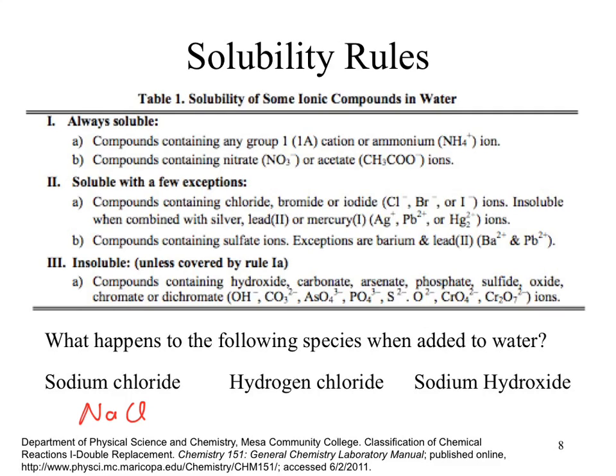Let's go ahead and look at the long way first. If we start with sodium chloride, what phase does sodium chloride start as? A solid. So we could say it's sodium chloride solid. We add water to it. What happens? That's where we're going to skip to in a second. It's the first thing that happens.